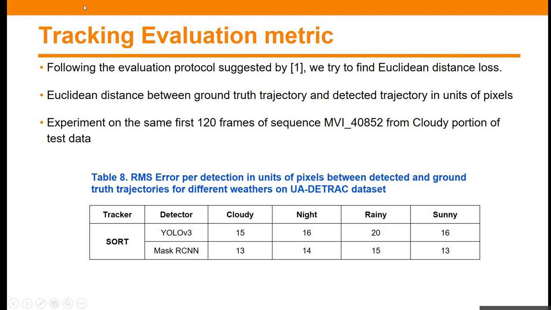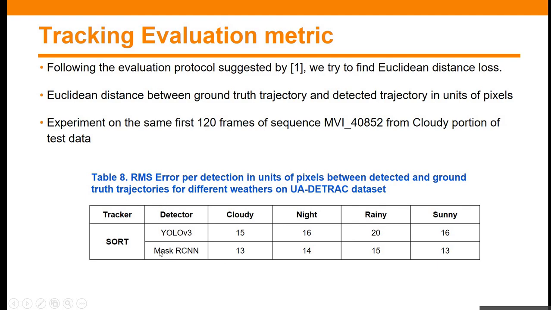Furthermore, in order to measure the performance of tracking, we use the evaluation protocol that has been suggested by these authors. They measure the Euclidean distance loss, which is the distance between the ground truth trajectory and the detected trajectory in units of pixels. For the same 120 frames, we get results like this, which represent the RMS error per detection in pixels between the detected and ground truth trajectory.